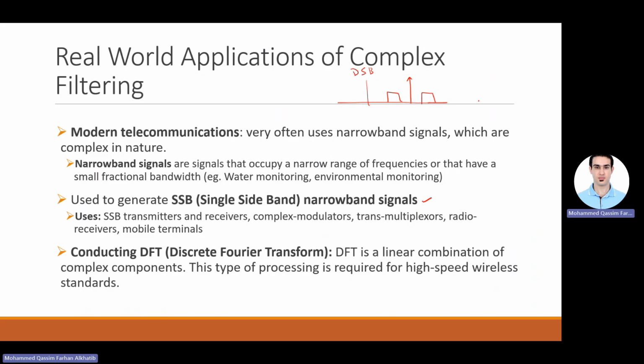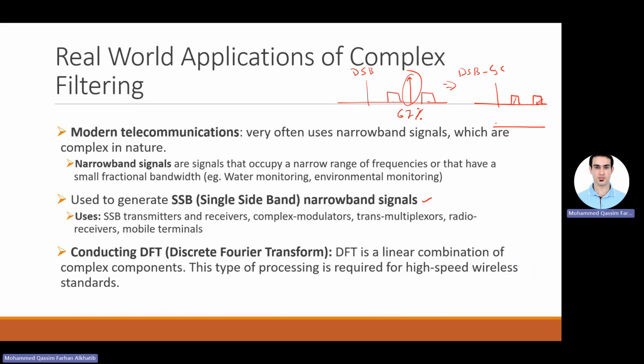Then it was improved by double sideband suppressed carrier, where you don't have to deal with the carrier, because the carrier will take probably 60% or 67% of the power, and the remaining 33% will be for the sidebands. It was solved by removing the carrier, and all the power is dedicated to the sidebands. Now, this sideband and this sideband carry the same amount of information.